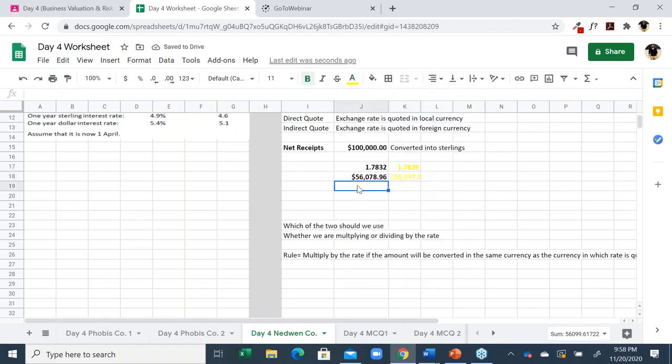We don't need this. So the pound sterling that the company will be getting in 1 month's time will be equal to this amount, and it should not be dollars, it should be pound sterling.